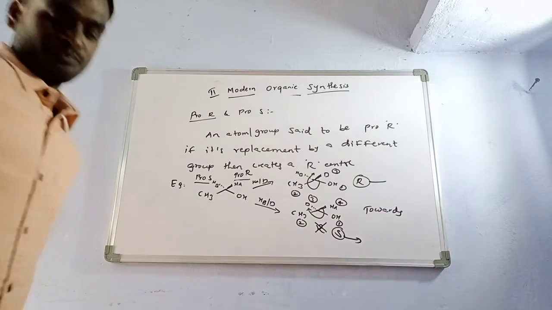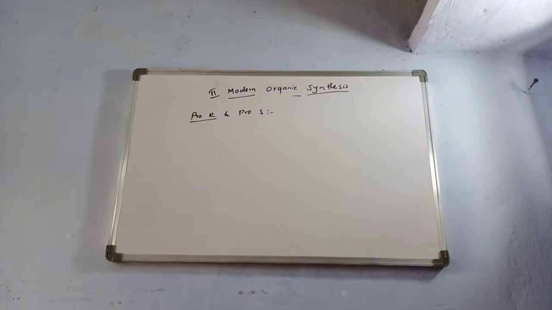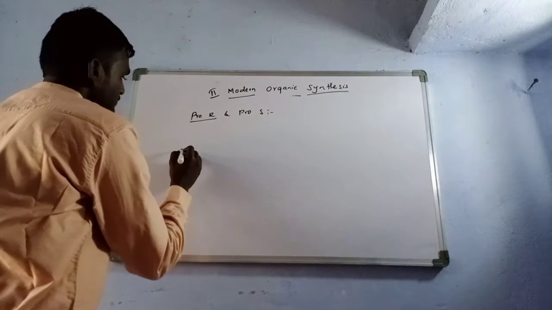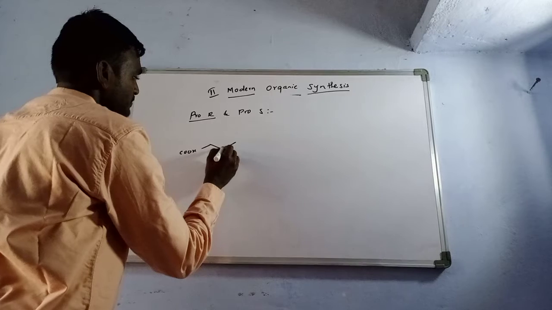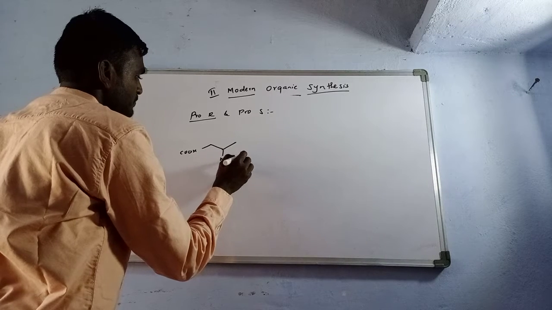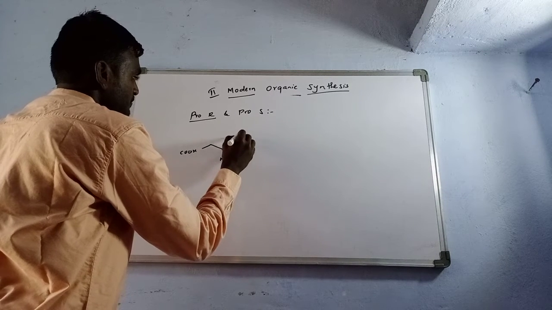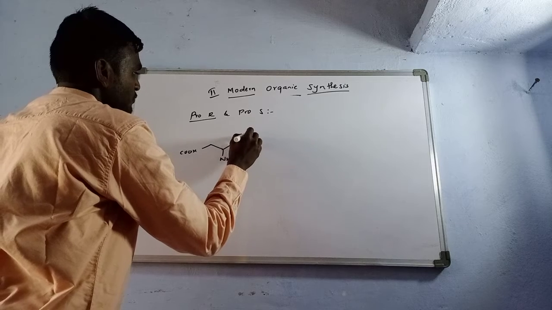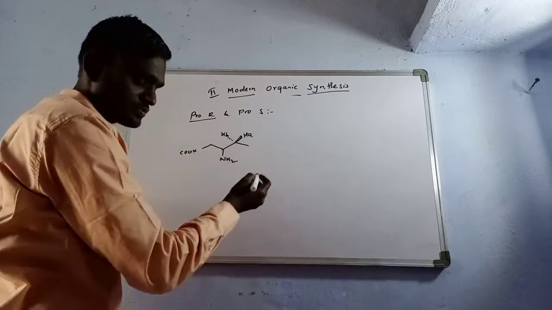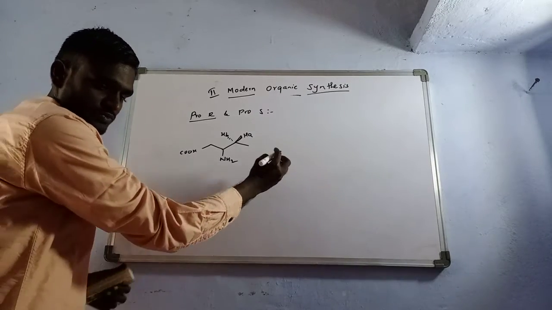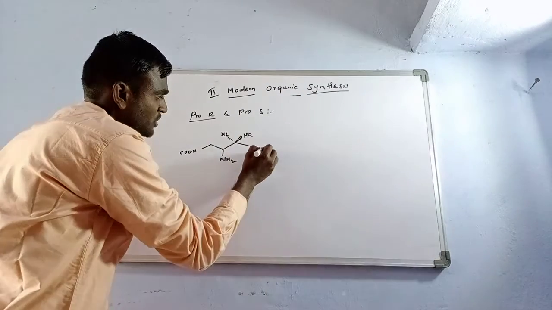If we take another example, here HA and this is HB, and this is the SH molecule with OH.